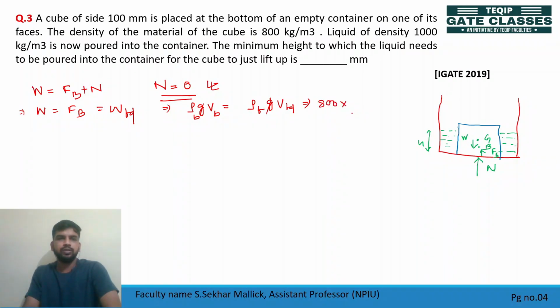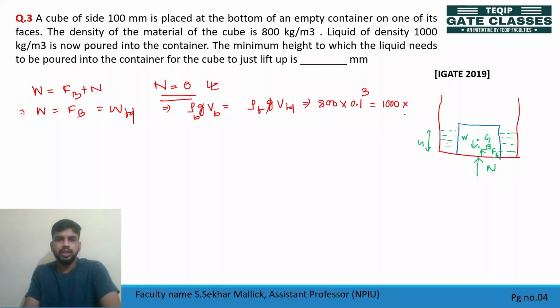What is volume? A cube of side 100 mm, right? Volume of body will be 100 cube. This is mm. So can I write 0.1 meter is equal to density of fluid is how much? 1000 into your volume of fluid.